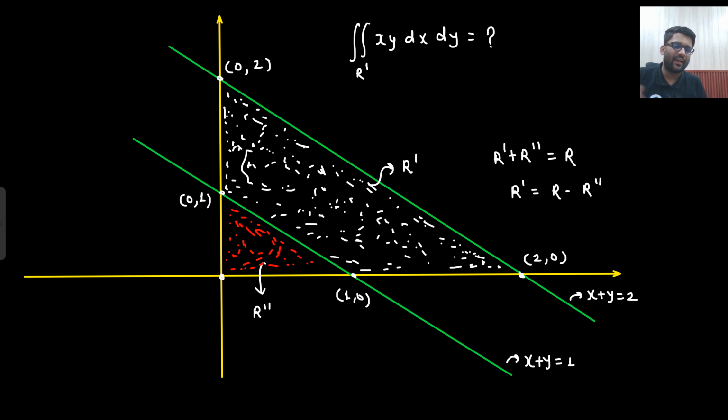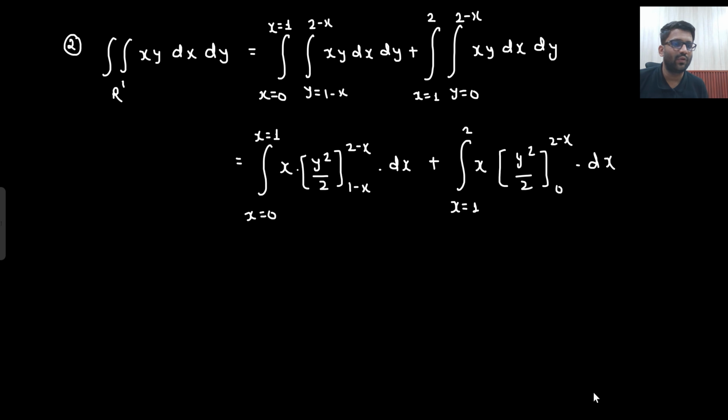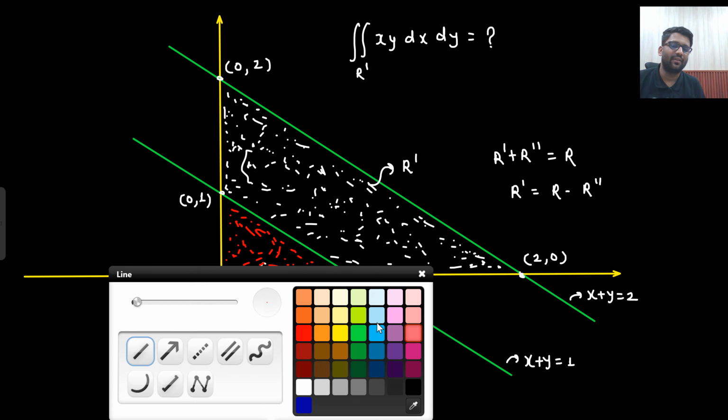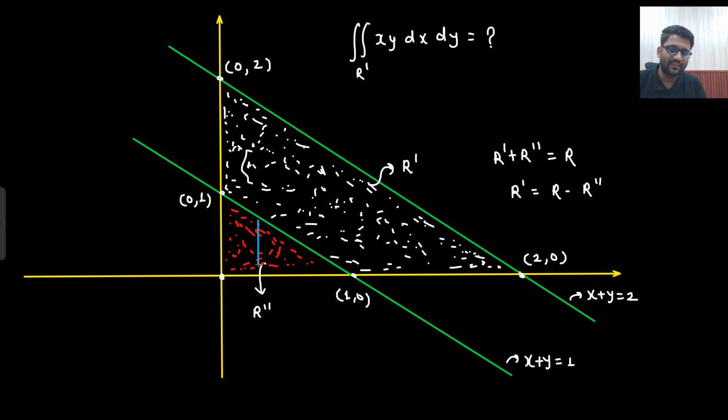Otherwise you will have to take the limit and calculate in this manner, which will be large. But if I take the strip in this particular region, then this strip will go only from y equals 0 to y equals 1 minus x, and x will go from 0 to 1.